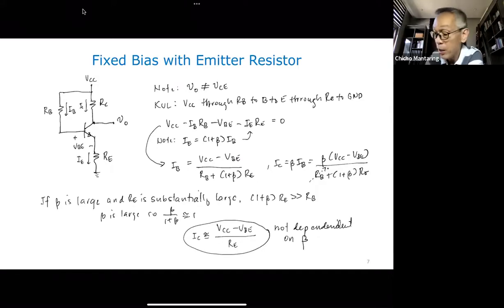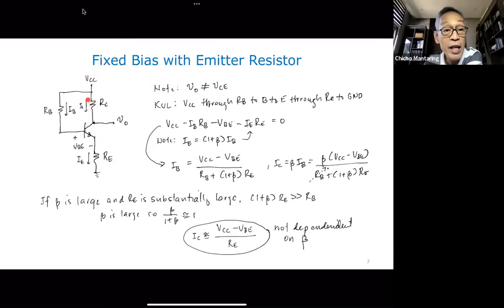Naka-fix na yung value ng RB, RC at saka RE. That's already fixed. What will happen if I change the transistor, and because of the change in my transistor, my IC tends to become larger kasi mas malaki yung beta nung pinalit kong transistor. So my IC tends to become larger.